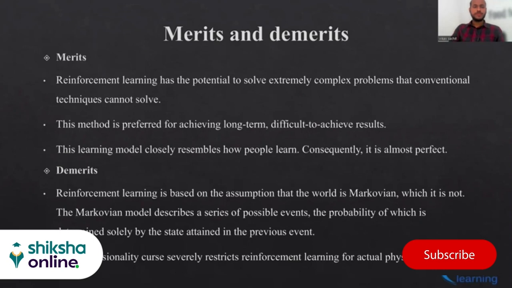Another one: the curse of dimensionality severely restricts reinforcement learning for actual physical systems. There are n number of dimensions, and if you go there, the training and everything becomes difficult. The training takes a longer time, and the accuracy of the algorithm is also challenged.